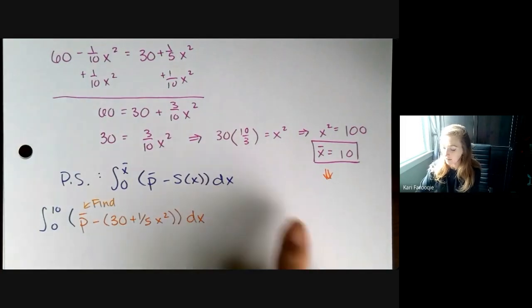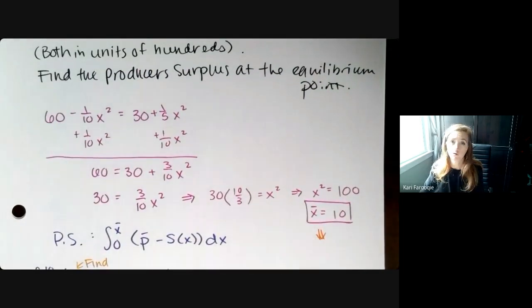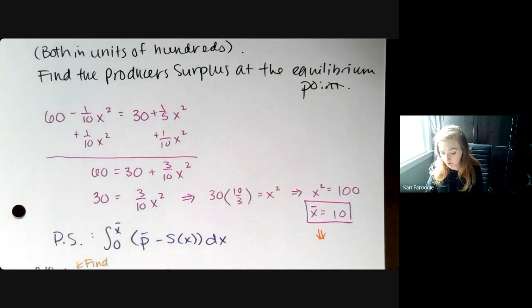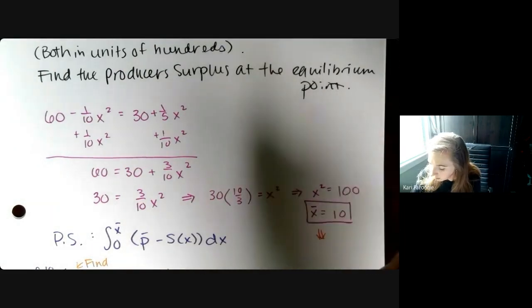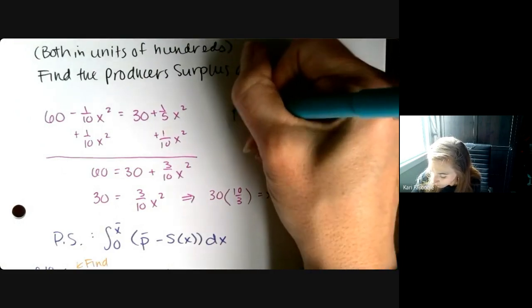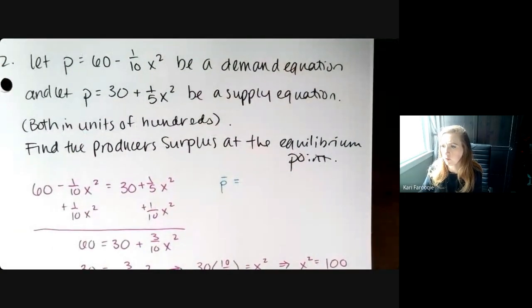I can use either one of these original equations with the value of x that we found to find the value of p that corresponds to that x. You decide. It doesn't matter. It's going to be the same at both places because it's the equilibrium point. So let's say p-bar equals, and pick which one you like better. Which one looks easier to compute?